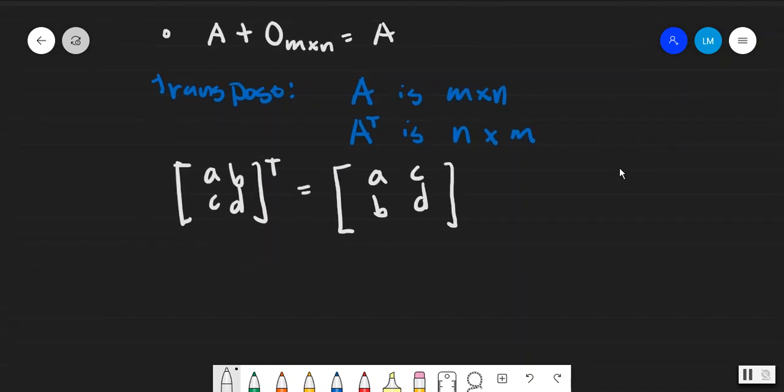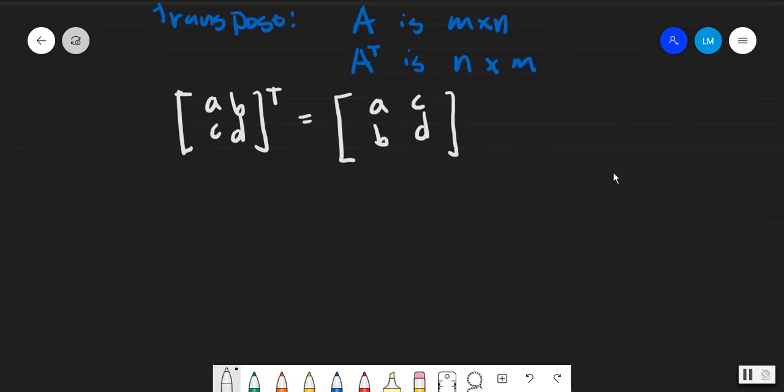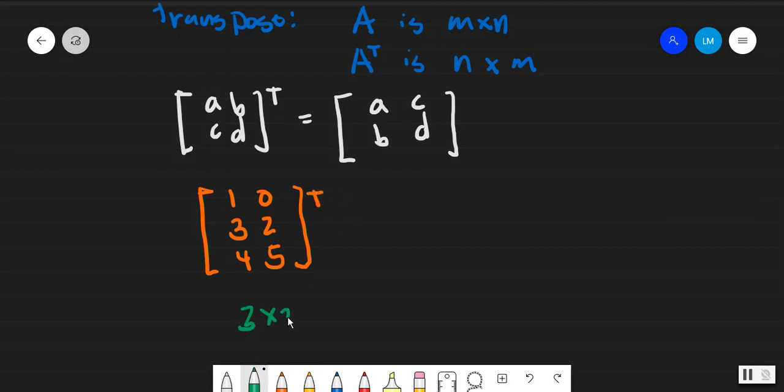But you should get the point. If you have the following matrix, 1, 3, 4 in the first column and 0, 2, 5 in the second, notice that it's a 3 by 2.